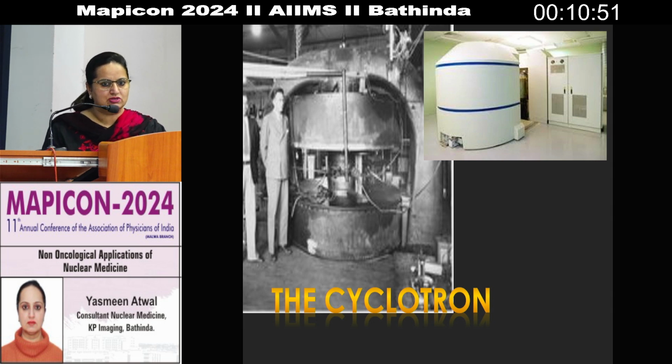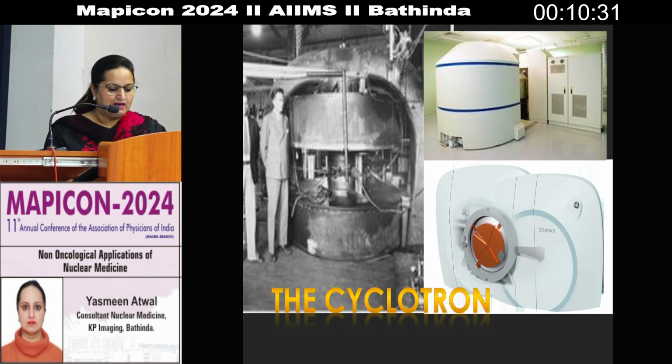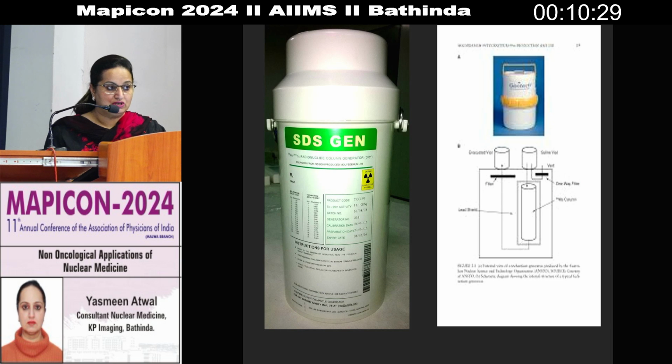Basically we have three sources of radionuclide production: the cyclotrons, the generators, and of course the nuclear reactors. Nuclear reactors mostly give us the iodines for the treatment of thyroid cancers plus many other things. The cyclotrons mainly give us radionuclides for the PET scanners. And the third is the generator, which is what is used in non-oncological imaging.